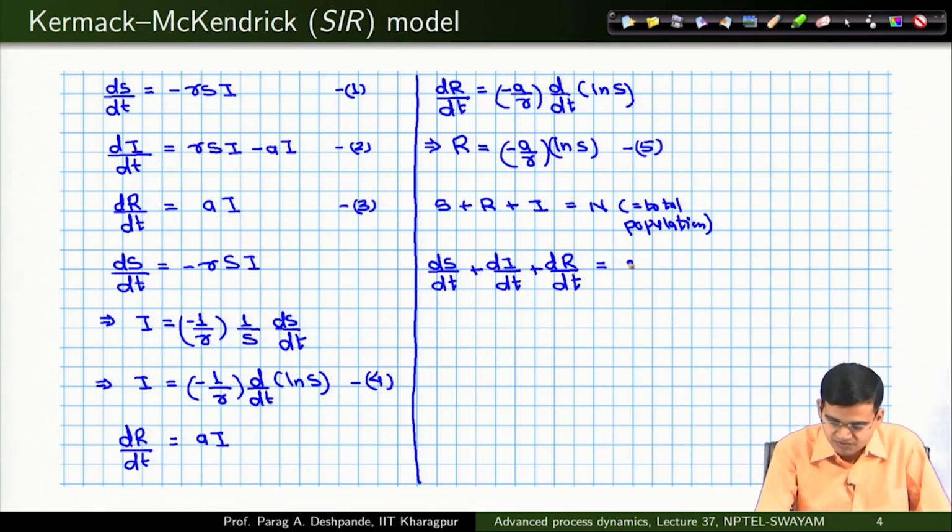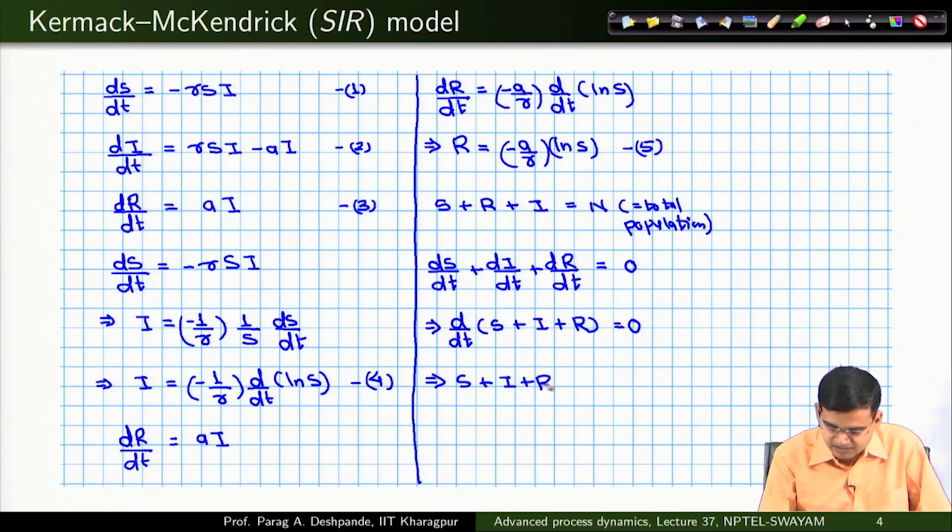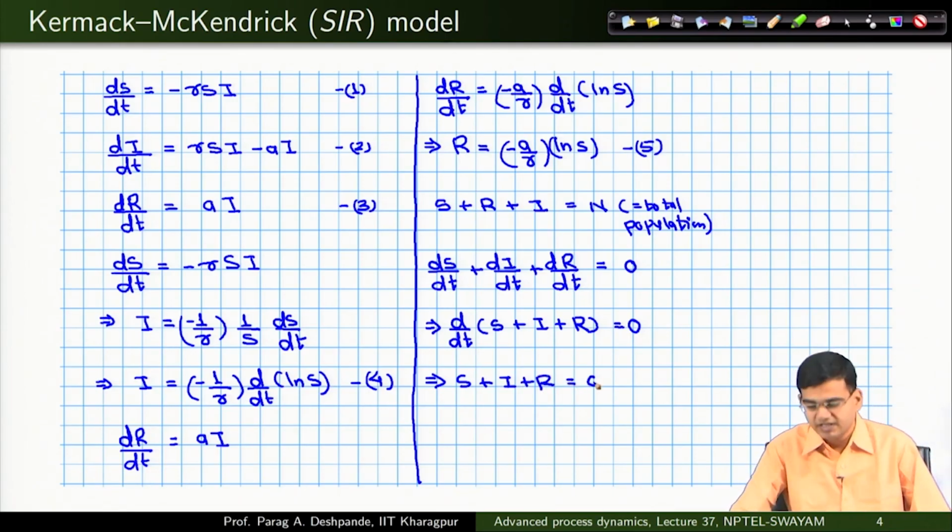So, this is equal to 0, which means d by dt of S plus I plus R is equal to 0. In other words, S plus I plus R is a constant C, right.